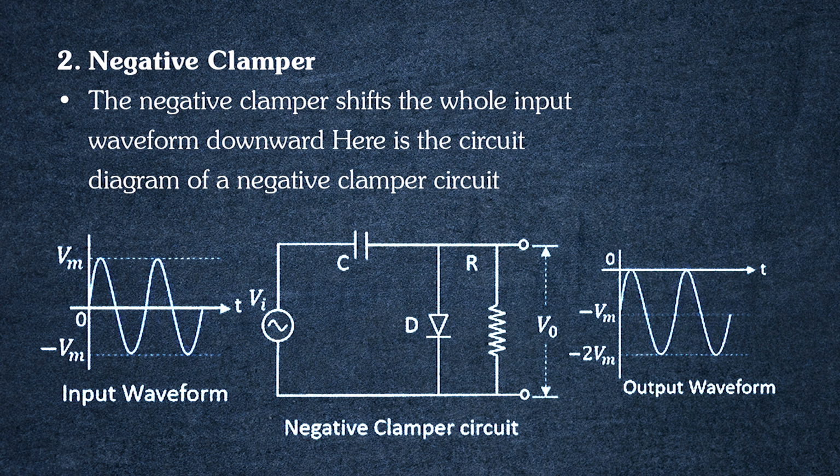The whole waveform is shifted to the downward side, and the maximum amplitude obtained here is minus 2Vm for the basic negative clamper circuit, and the upper portion of the waveform touches the reference line. This figure shows the input waveform, the output waveform and the basic circuit for the negative clamper.